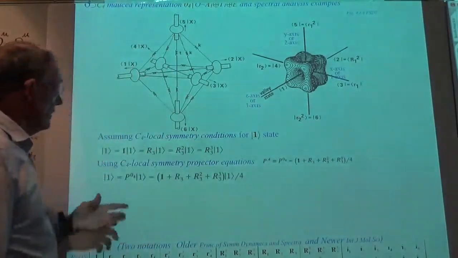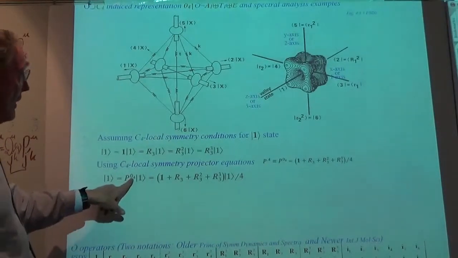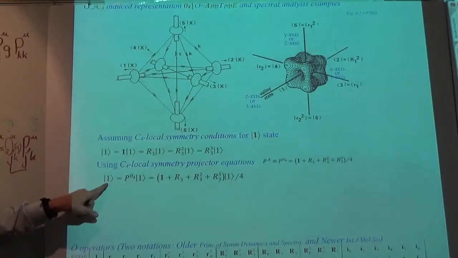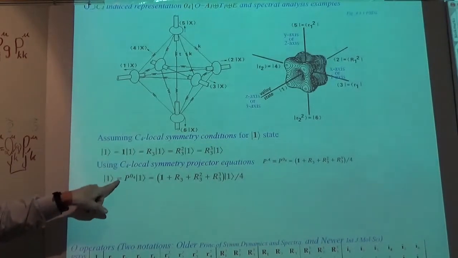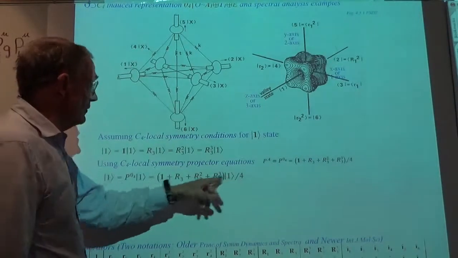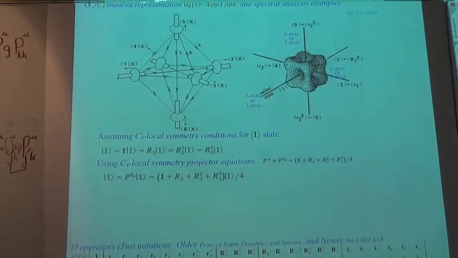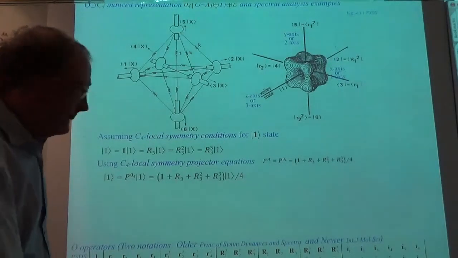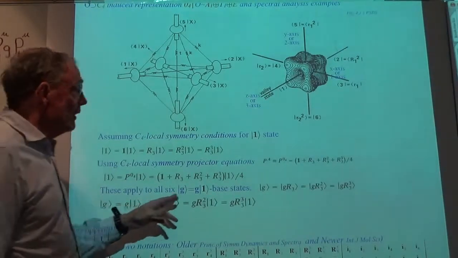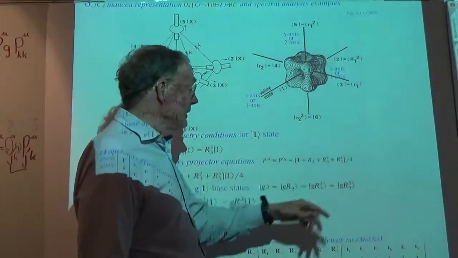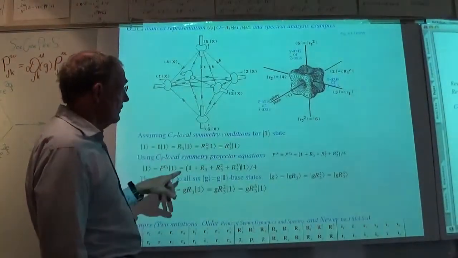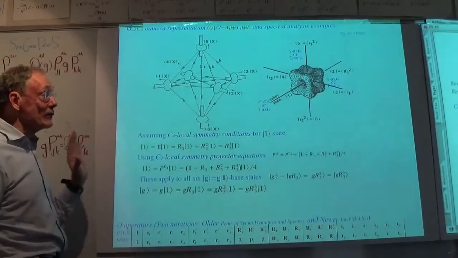The idea is that a projection operator 0, 4 on that state is not going to change it. If this is true, then this is true. Remember that the 1/4 there is going to add up to one of them. And this applies to all 6 of these base states. These 6 base states also have their local symmetry relation. This is just the local symmetry that's the same as the global symmetry.